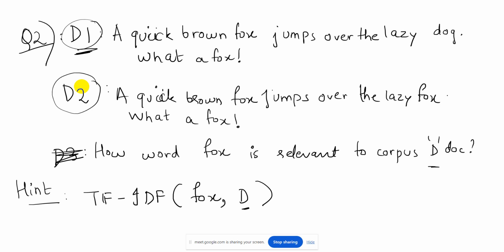So what is the term frequency of the word fox in the first document? I am asking just the term frequency. How will we do that? Any idea, or should I solve? Please let me know if you are solving, or should I directly solve?